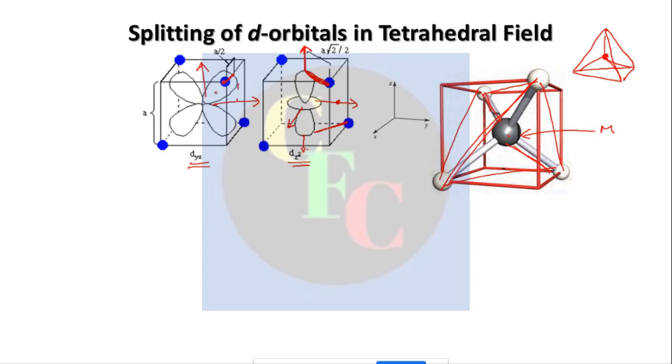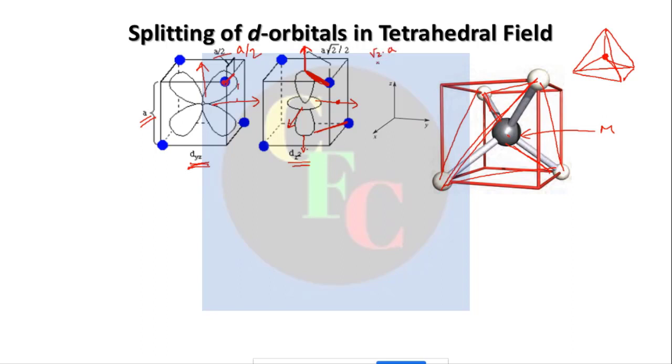Now let us see which is near. See, for yz, how far away is the ligand? It is half the edge. Suppose the edge of the cube is a, then it is a by 2. Whereas in case of dz square, it is half the diagonal. What is the diagonal of this square? Root 2 into a, right?